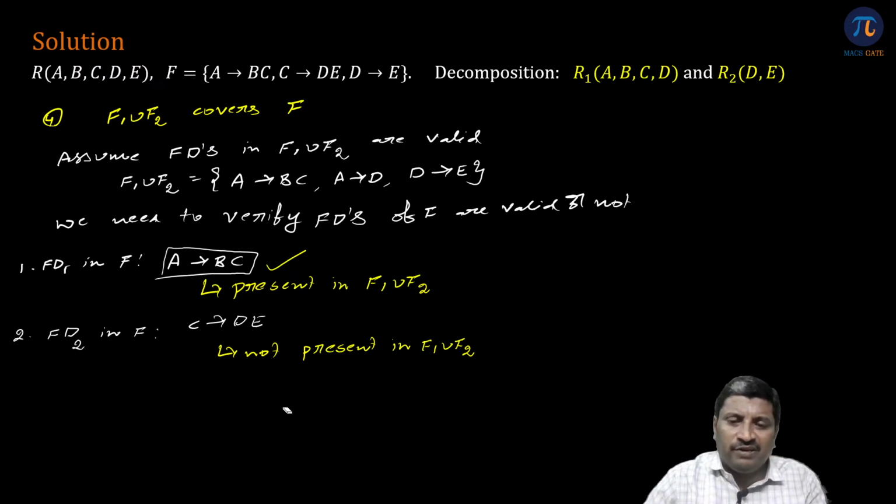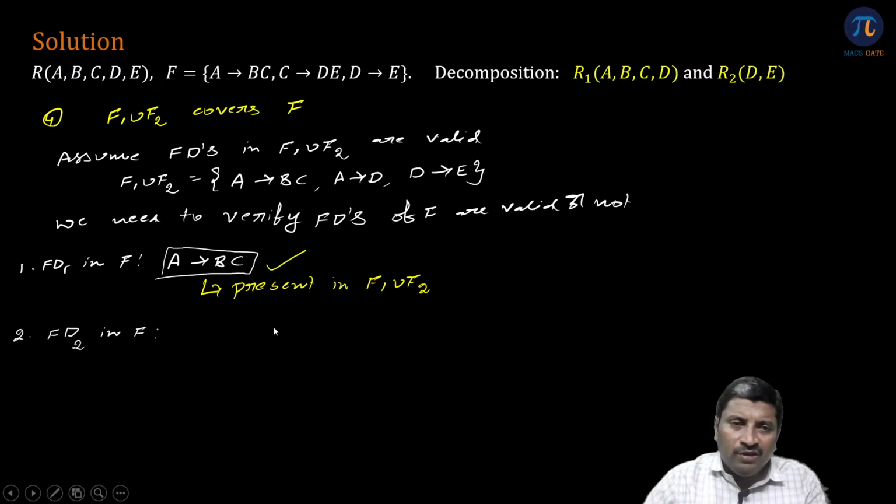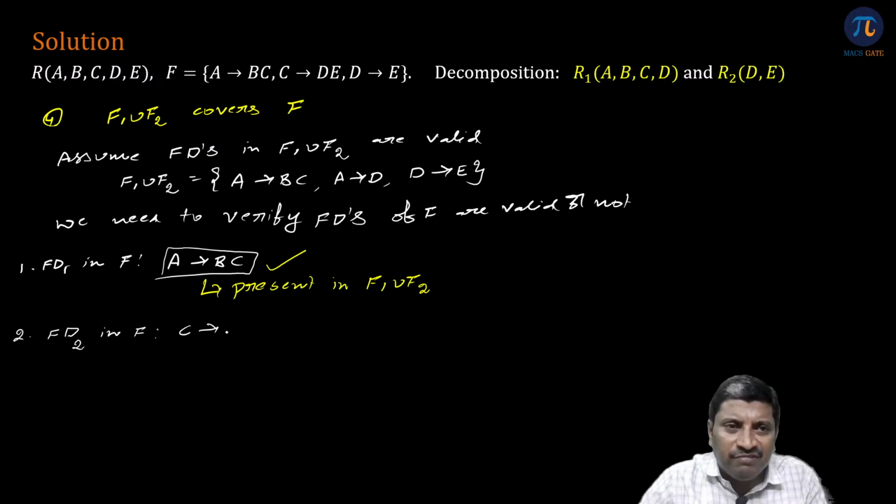So, right, fine. Let us consider the second FD. The second FD in F is C implies D. Is it present in F1 union F2? No, it is not present in the union.